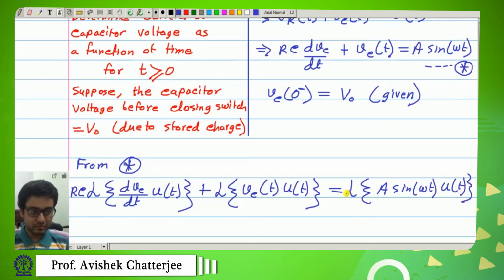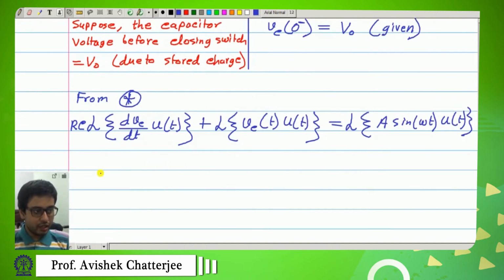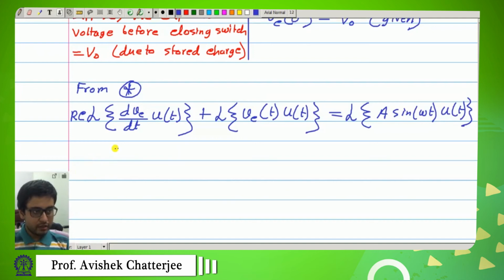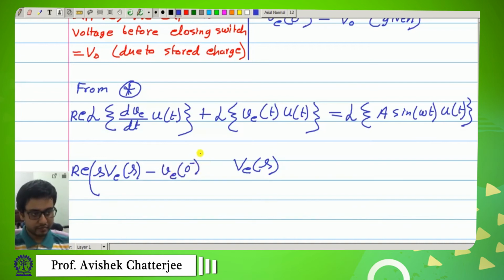Now if the Laplace transform of vC(t)u(t) is capital VC(s), then here we have RC, and this Laplace transform will become s times VC(s) minus vC at 0 minus.